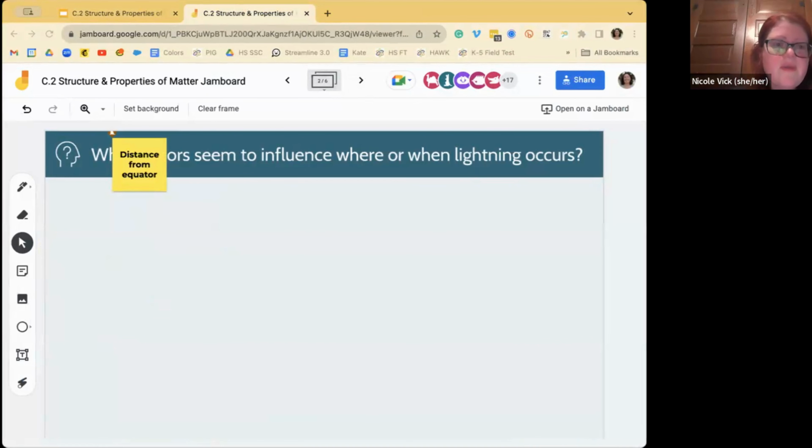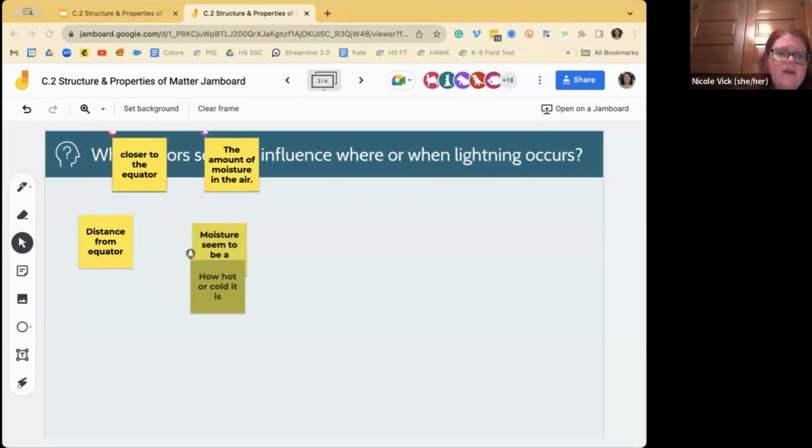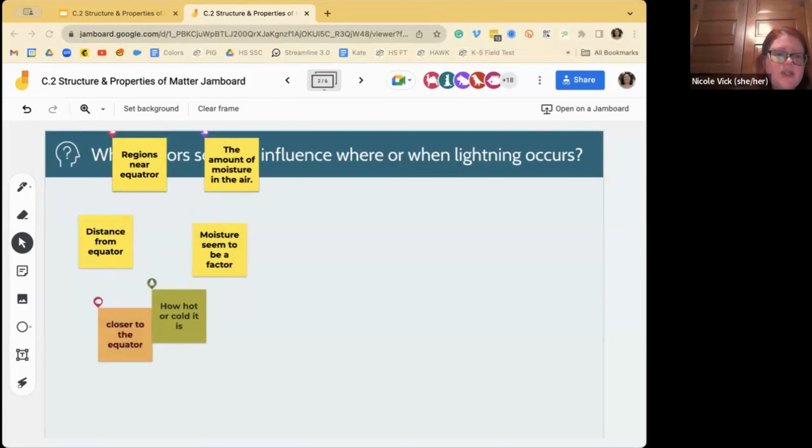Okay, so distance from the equator. Oh, humidity. Can whoever shared that say what humidity is when you say that? Maybe not everybody knows what that means. So I'm seeing moisture, how hot or cold it is.